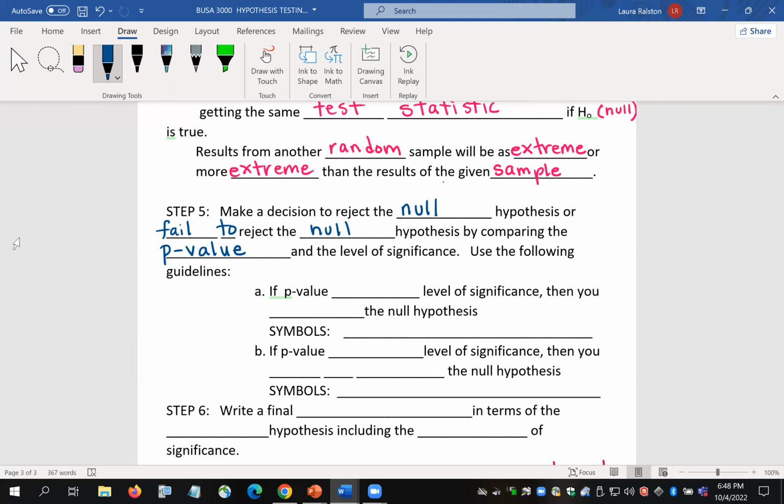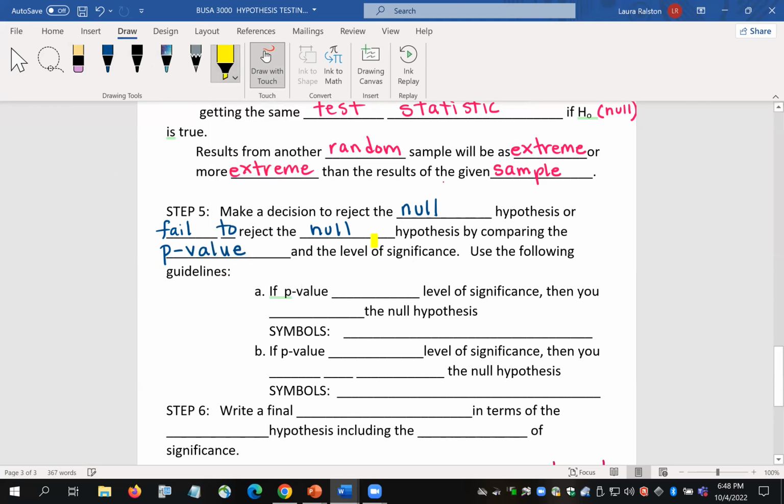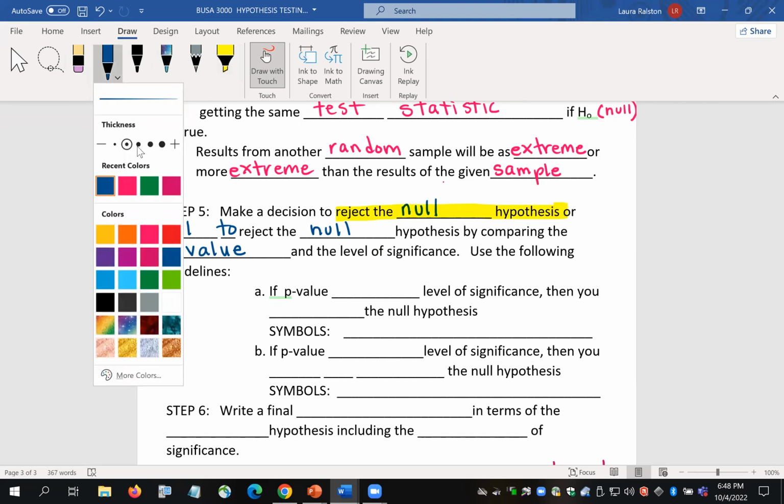So when you get to this stage, it's important that you note the phrasing here. It is reject the null hypothesis. This would be like saying that the person is guilty.